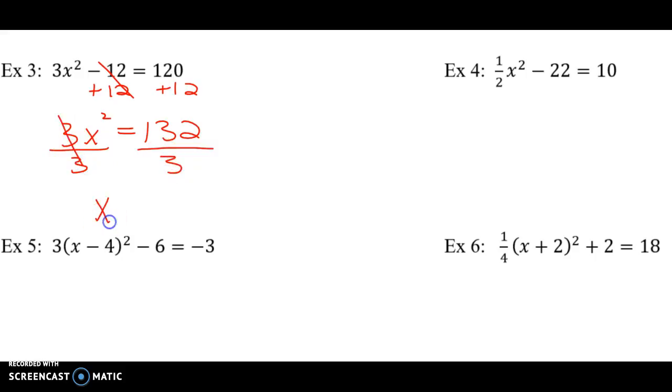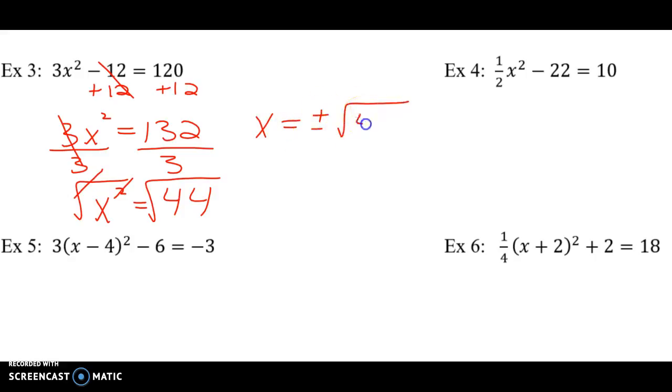So we get x squared equals 44. And now we square root, they cancel, we get x equals... what do we always have to remember? Plus or minus. Plus or minus the square root of 44.